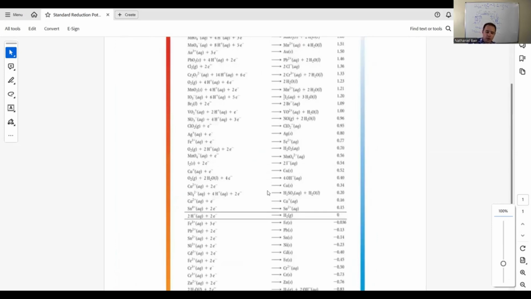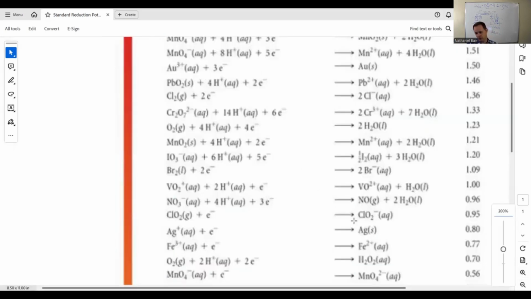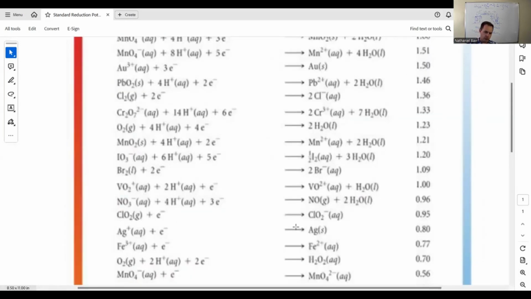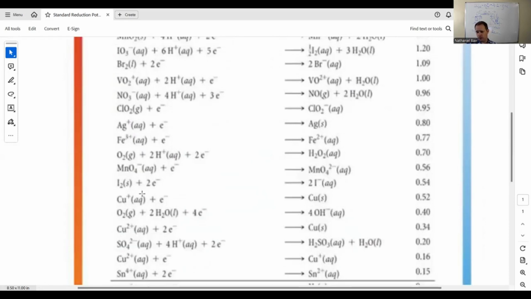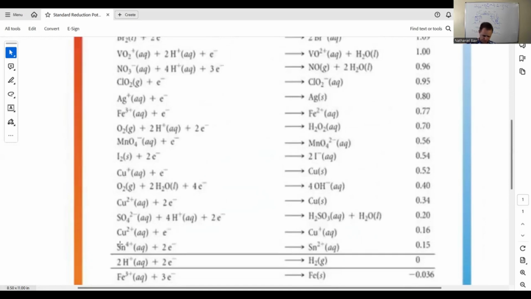First thing I want to draw your attention to is the fact that these are all reductions, okay? And in fact, I'll zoom in a little more. Pick any reaction. Every single one of these reactions is only a half reaction. And in every single one, everything is gaining electrons, right? Copper 2 plus gains an electron, goes to copper plus 1.